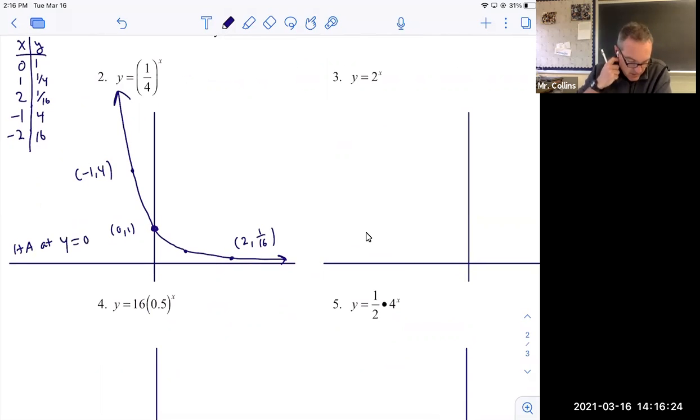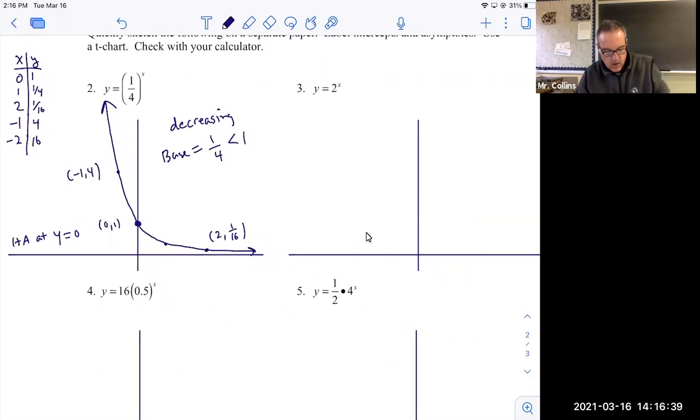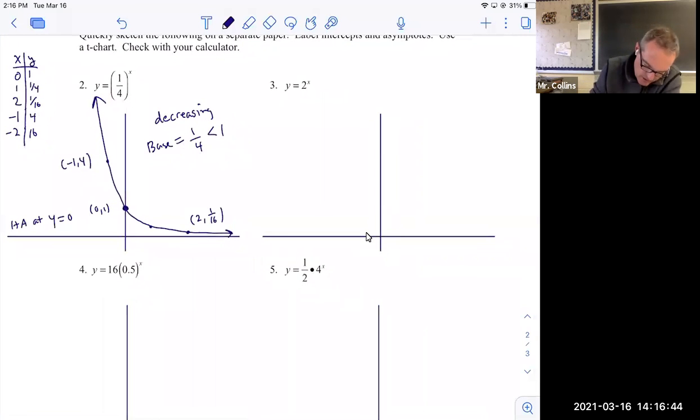There it is. By the way, decreasing as you go left to right, and why? The base, which is equal to 1/4, is less than 1. If the base is less than 1, you're going downhill. Bigger than 1, you're going uphill. So all these are fairly simple graphs. There's 2^x. Like that was the first function we graphed.